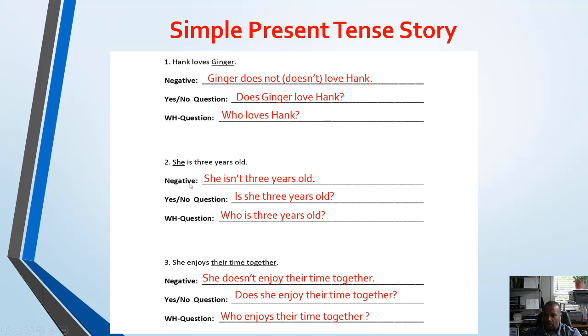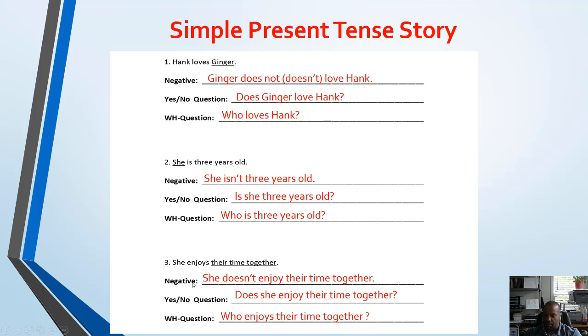Number two, negative statement or sentence is, she isn't 3 years old. Yes or no question is she 3 years old? And then WH question is, who is 3 years old?